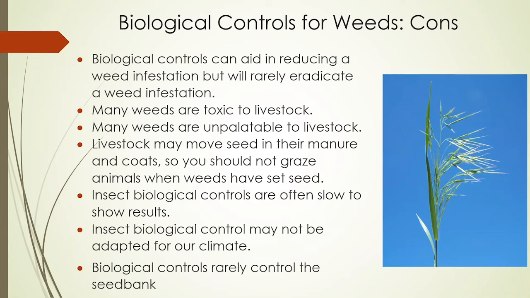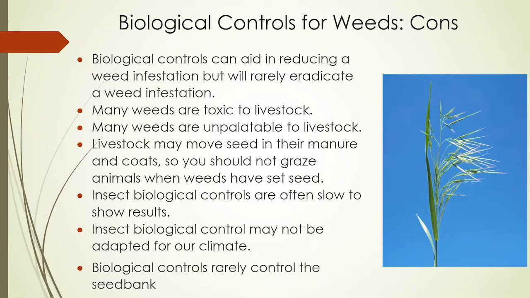So what are the cons for biological controls? Again, biological controls can reduce a weed infestation, but they will rarely eradicate a weed infestation. Lots of weeds are toxic to livestock. They don't want to eat it, or it's unpalatable to livestock. Not only do they not want to eat it, it can be dangerous for them to eat it.